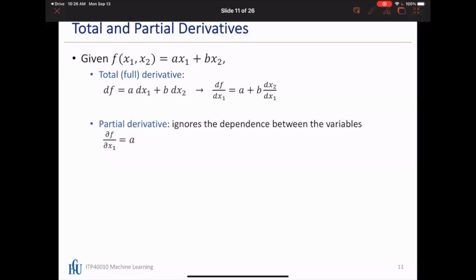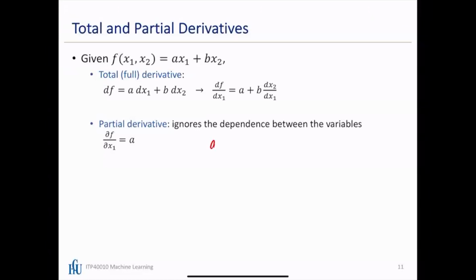If you do so, you originally have ax1 and bx2, which is equivalent to f of x. If you take the partial derivative with respect to x1, this is read as round f over round x1, where you are considering bx2 as constant.